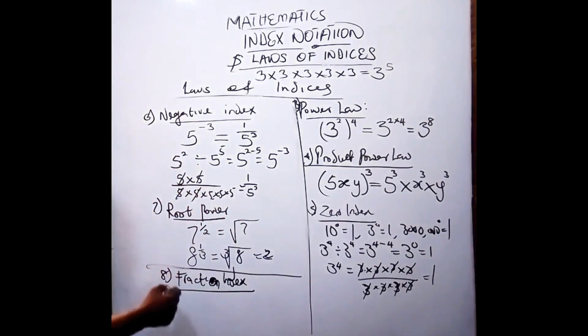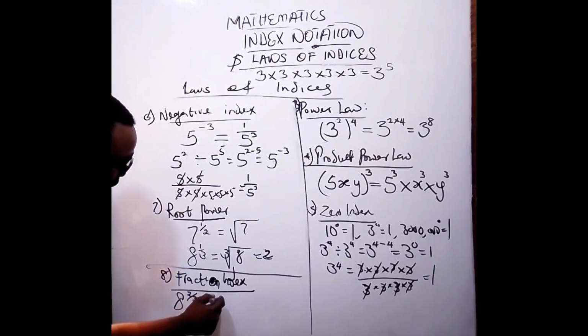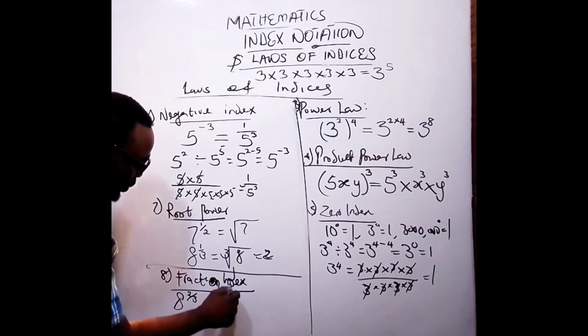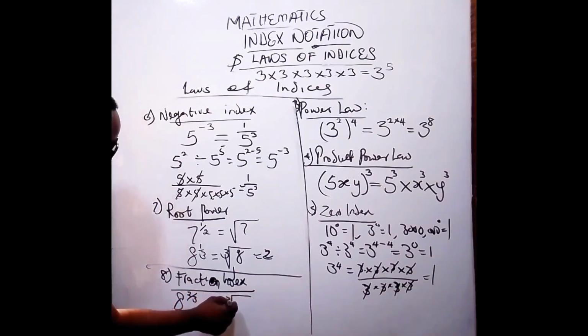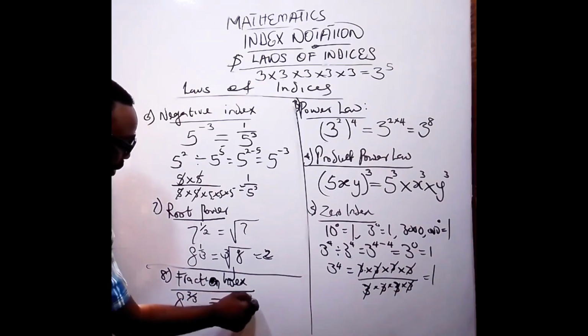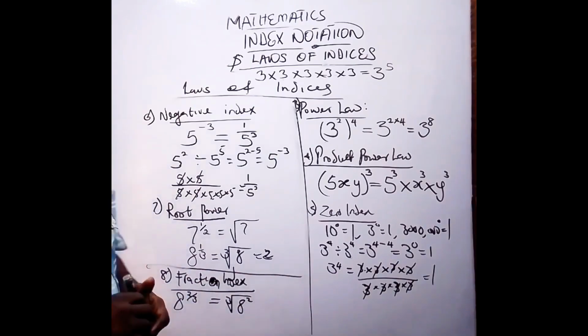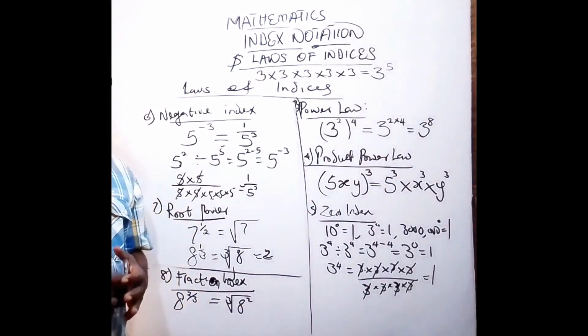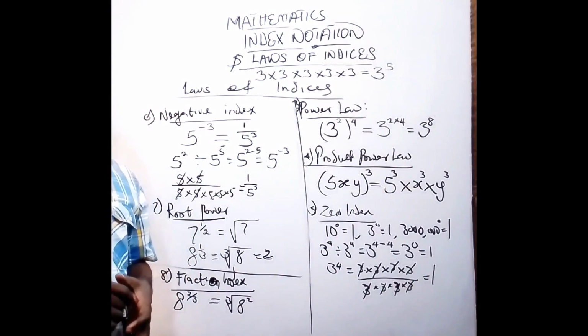What do I mean by that? If you have 8 raised to the power of 2 over 3, what is at the denominator? That's 3. So this will be equal to the cube root of 8, raised to the power of 2. Very simple like that. That is what we refer to as a fraction index.